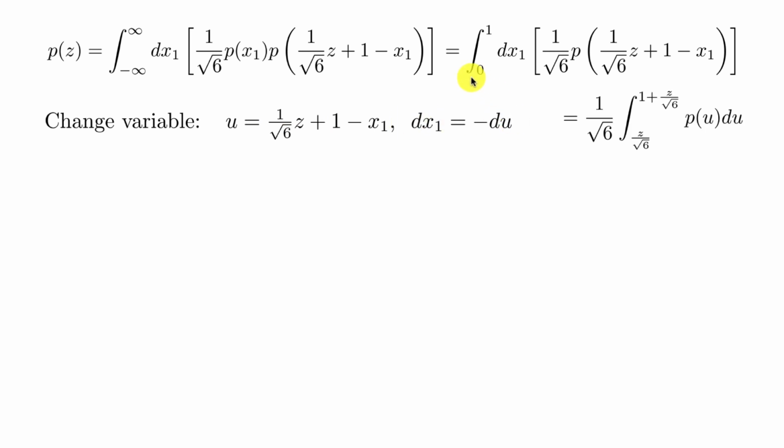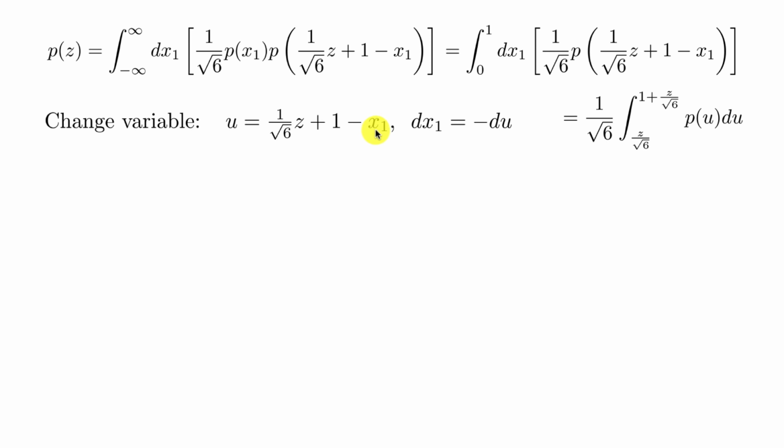And so this integral over here becomes simply p of u du. I've taken this 1 over square root of 6 outside over here, so there's nothing to do over there. But now look at the limits of integration of u. When x1 is equal to 1, then u becomes 1 over square root of 6 z.